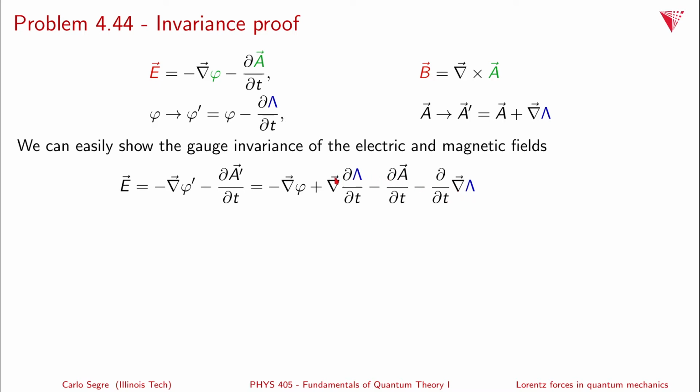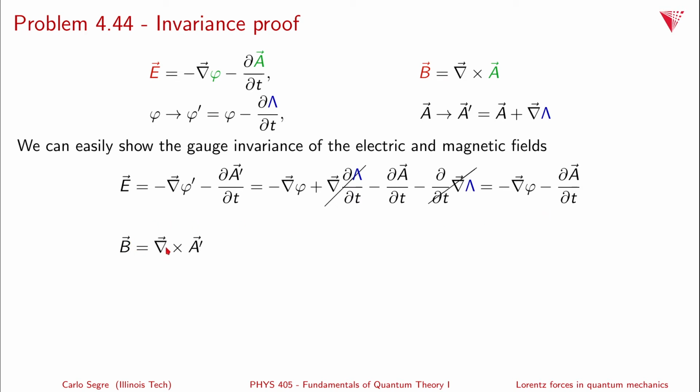Now, because the time and spatial derivatives don't really talk to each other, we can interchange them without any penalty, and you can see that these two terms will then cancel. And so we're left with minus the gradient of phi minus the time derivative of the vector potential A, and that's exactly the field. So the electric field, when you make a gauge transformation of this kind, does not change.